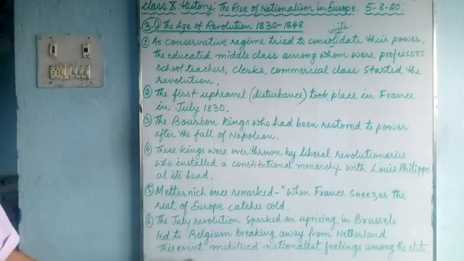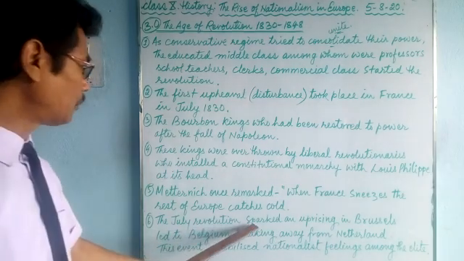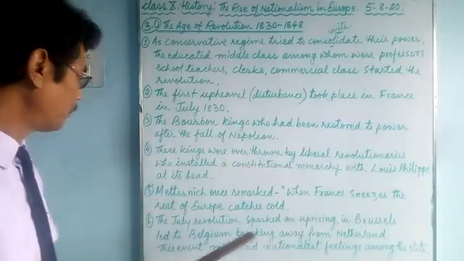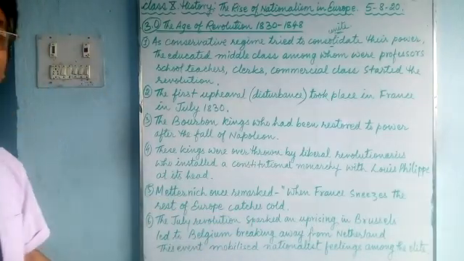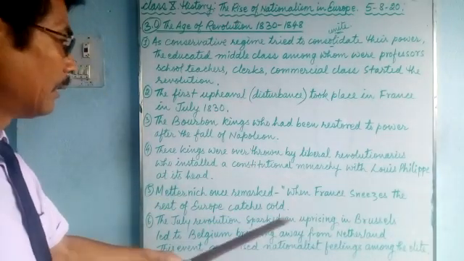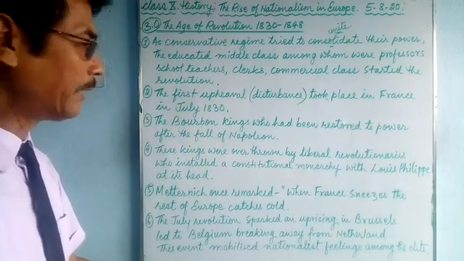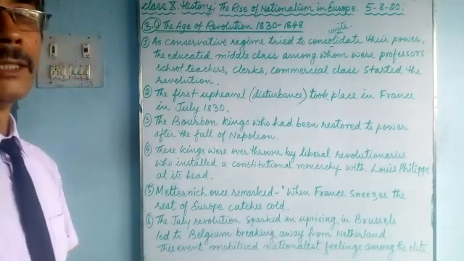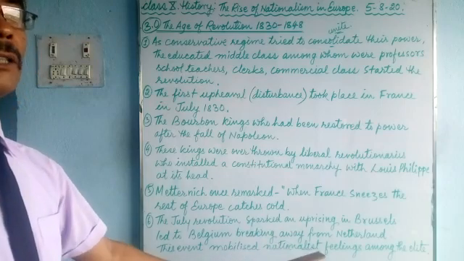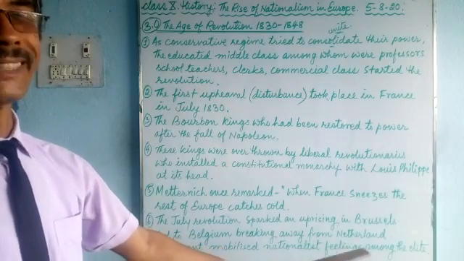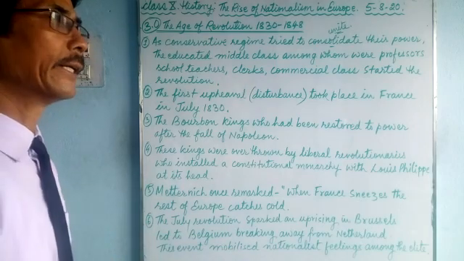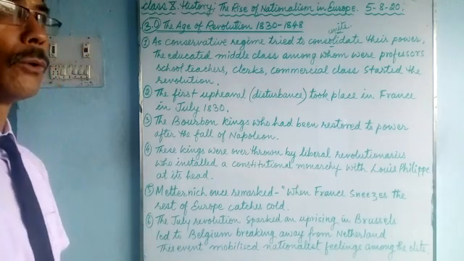That's why I have mentioned over here: the July Revolution sparked an uprising in Brussels, which led to Belgium breaking away from the United Netherlands, and this event mobilized nationalist feeling among the educated middle class, or you can say one word, the elite, all over Europe.